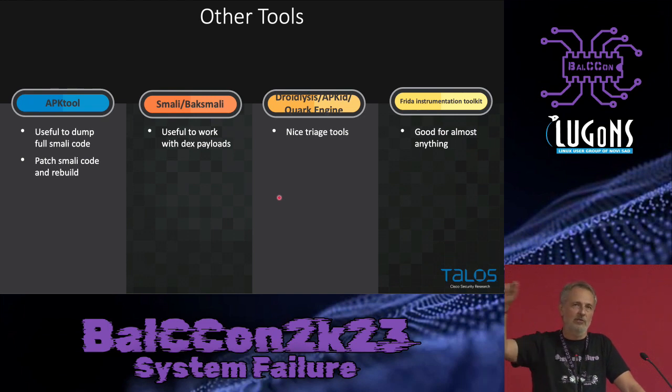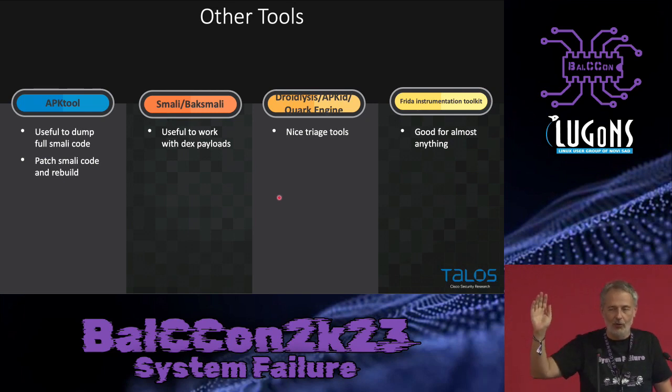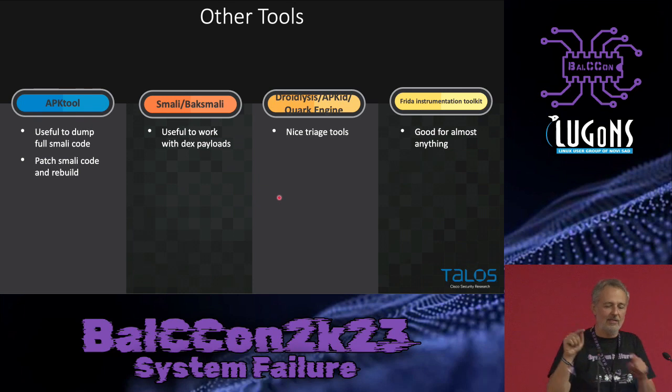You see, okay, it's using SMS, it sends suspicious data, it uses, I don't know, base64 decoding. So you can then quickly see some of the points in the application that are useful. It's similar with APKiD and Droidlysis, whatever. And then finally there is the Frida instrumentation toolkit, and that's good for almost anything, but it's the dynamic side of the analysis.